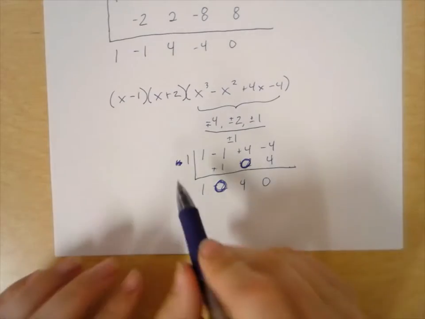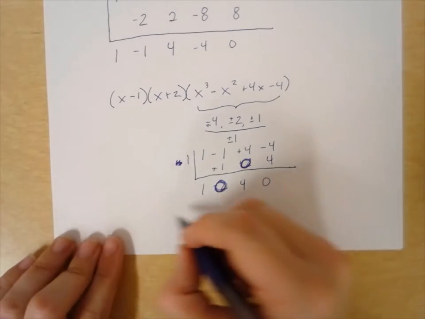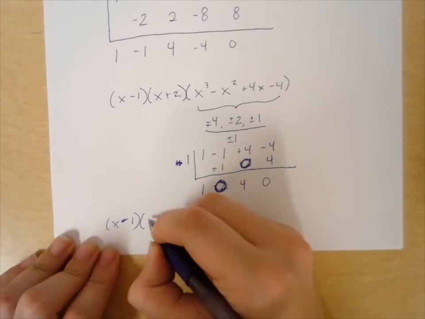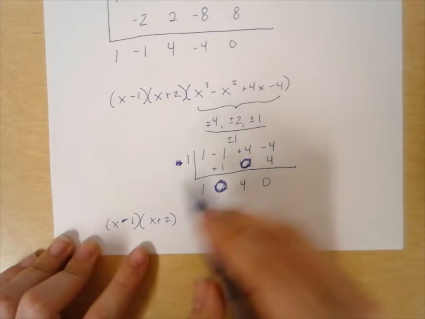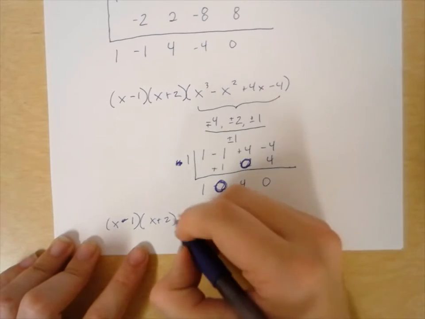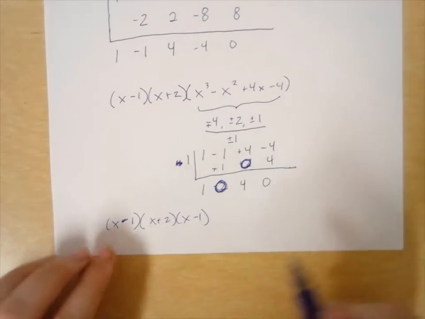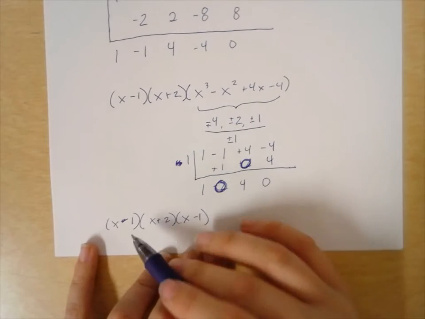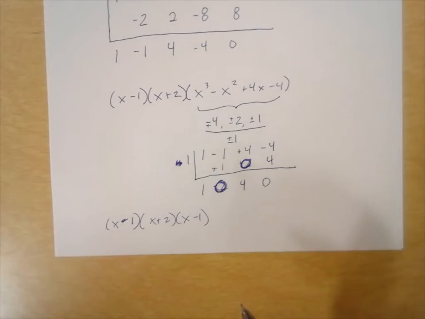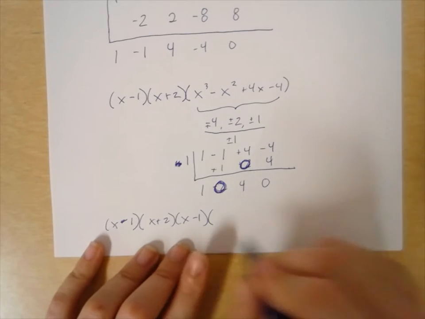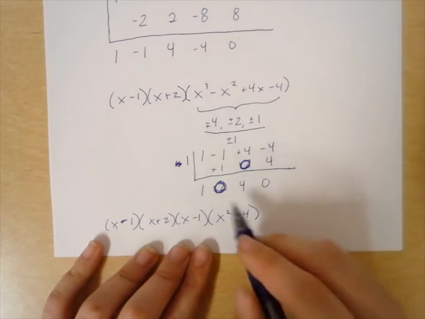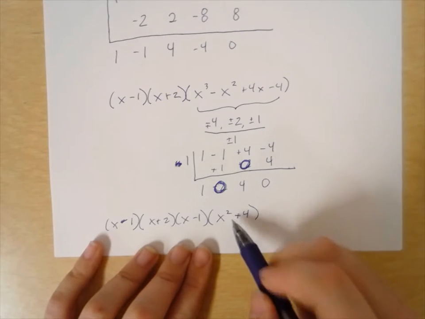And now, since I know this is a repeated root, I know that my factors are going to be x minus 1, x plus 2, and then I know that x minus 1 fits in here, so I have x minus 1 as another factor because 1 was repeated twice. It touched the x-axis. And then I know I have this quadratic, x squared plus 4, where I don't have a b term, I just have a 0.